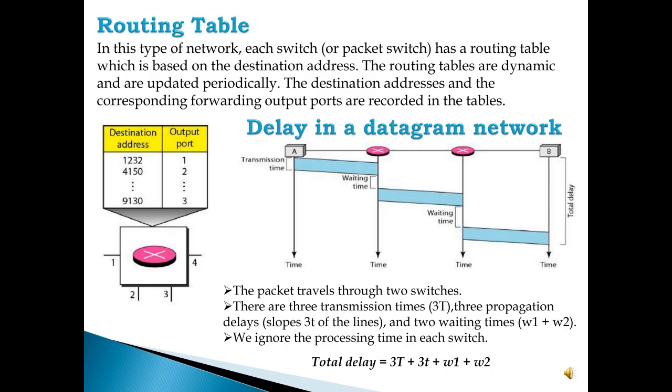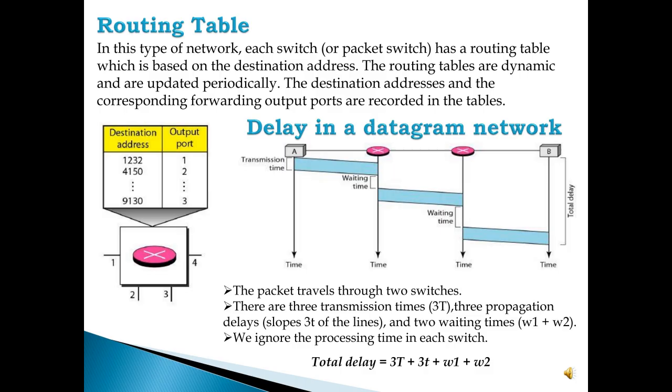Here we can see one of the architecture. A is the sender, B is the receiver. When A sends the data, the formation which you see in blue is the transmission time.